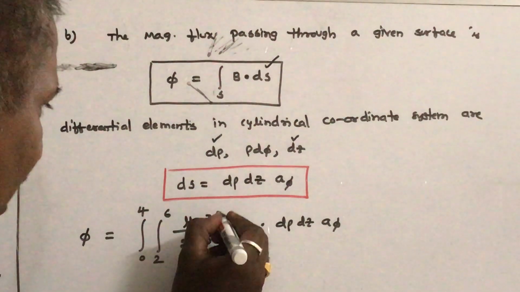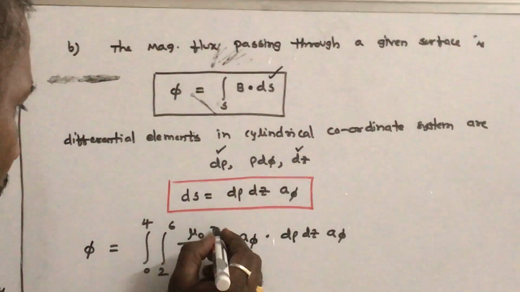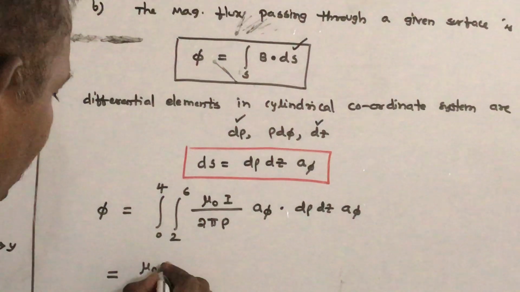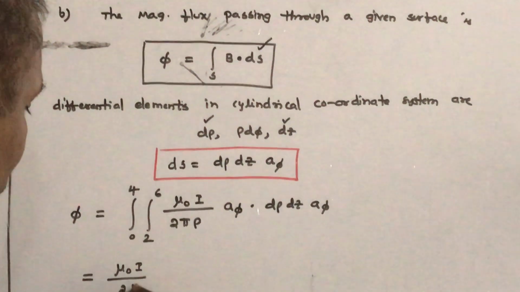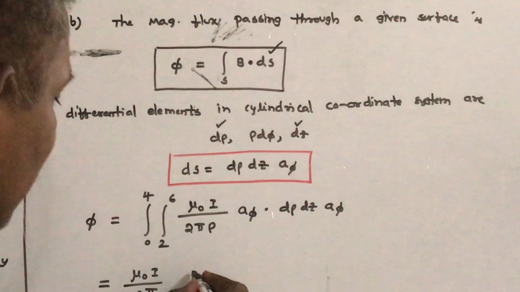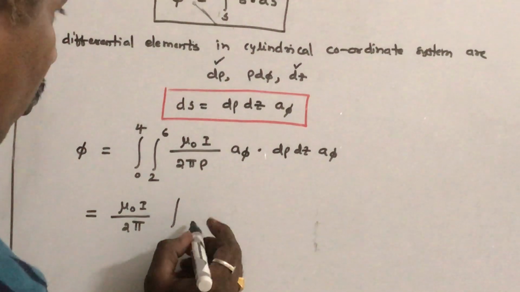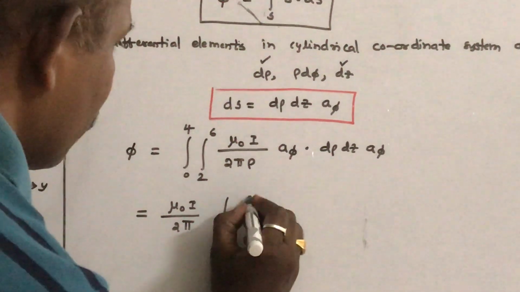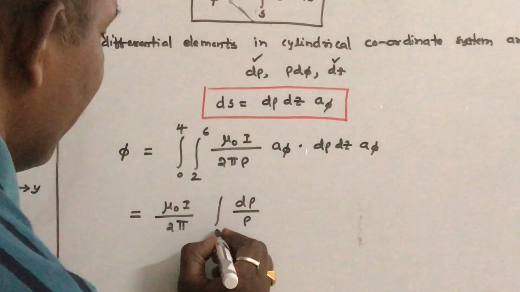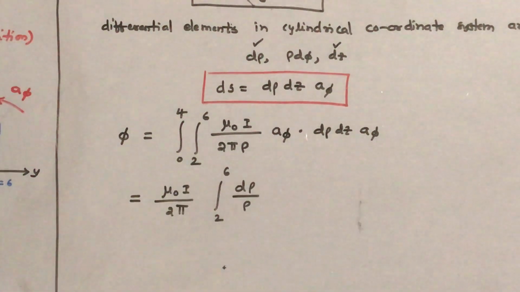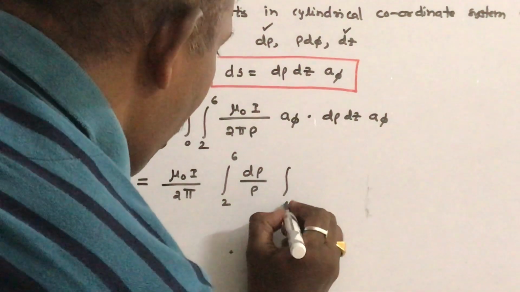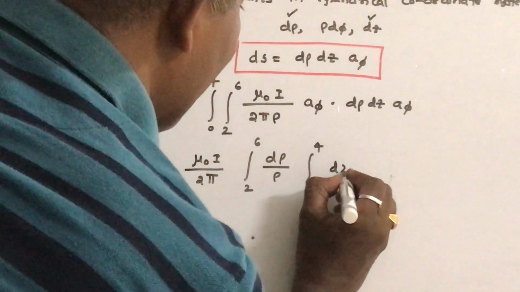The current is constant, so we write mu 0 I by 2 pi outside. A phi dot A phi is 1. Separate these integrals: the integral of d rho by rho from 2 to 6, and the integral of dz from 0 to 4.